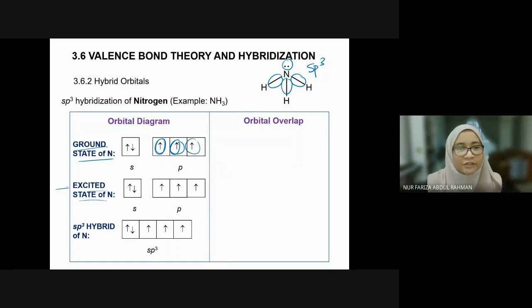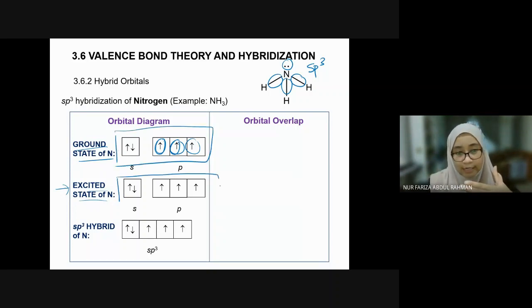Okay, tapi kita still tunjuk lah sebab kita standardize kan, okay? Alright, so we have ground state, we have excited state, and then lastly we have hybrid state. So for nitrogen, so there's no promotion of electron into the p orbital. Okay, that means you just remain the initial ground state, you draw balik dekat its excited state.